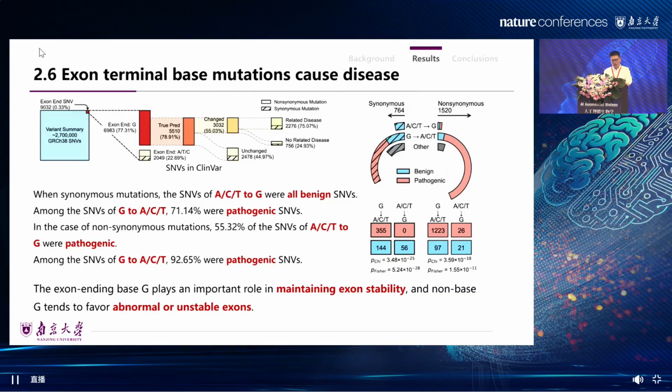We can find that among similar mutations, the SNVs of A, C, or T to G were almost all benign, but among the SNVs of G to A, C, or T, nearly 70% were pathogenic SNVs. So it is very interesting.